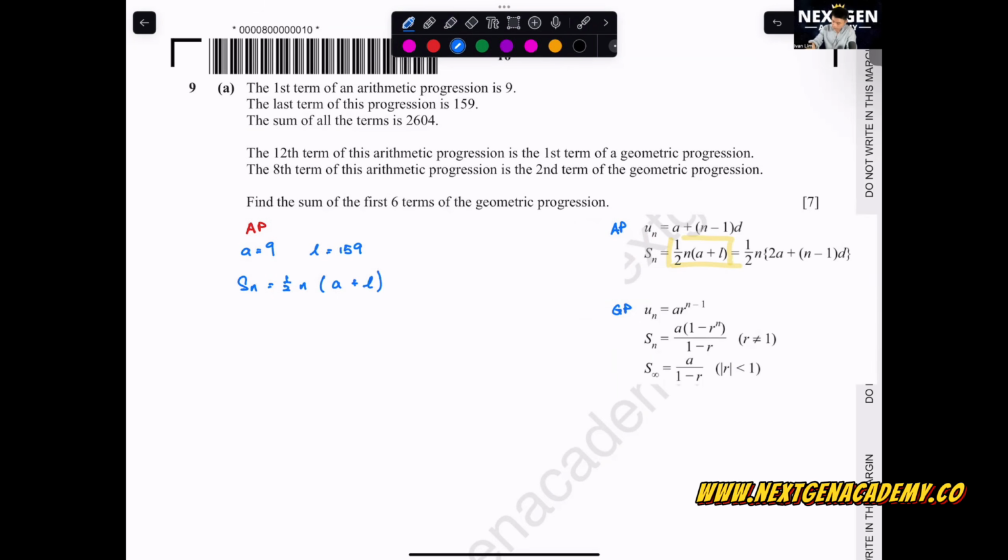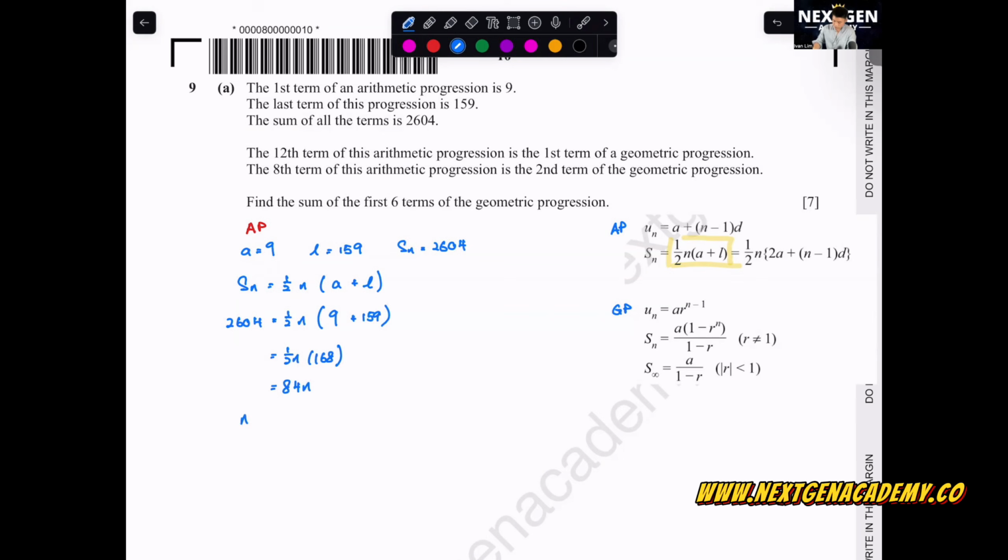We feed in the formula. The Sn, they gave us also. We don't know how many terms, but the sum is 2604. We feed in 2604 equals half n (9 plus 159). It is half n times 168, 84n.